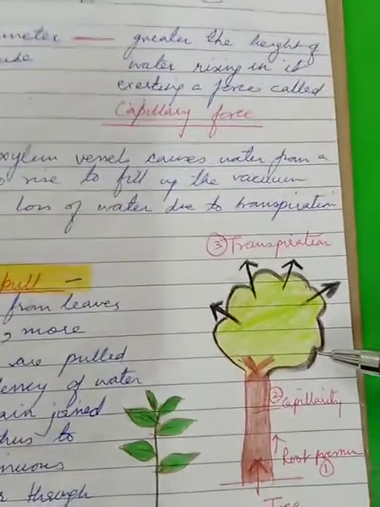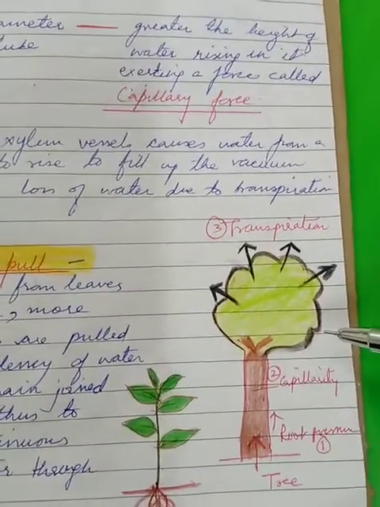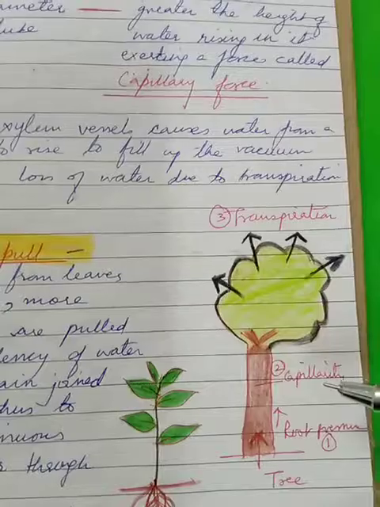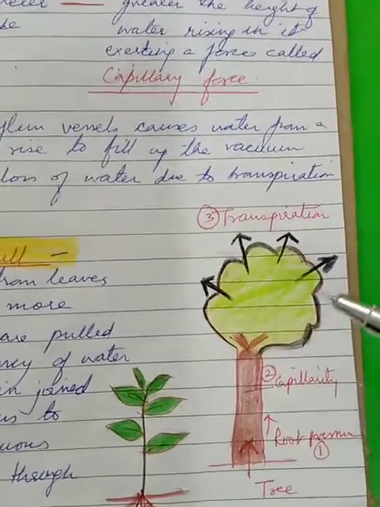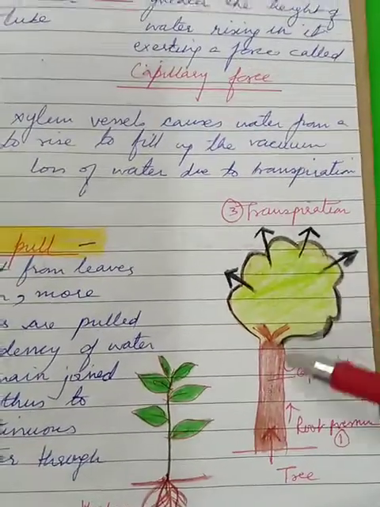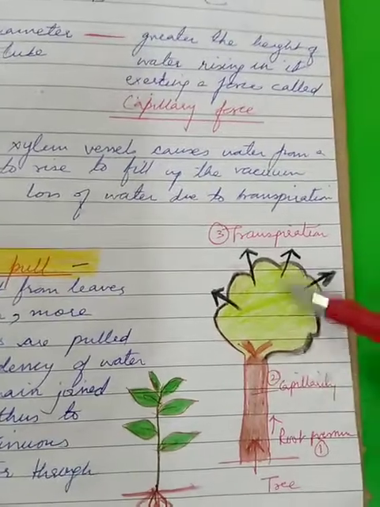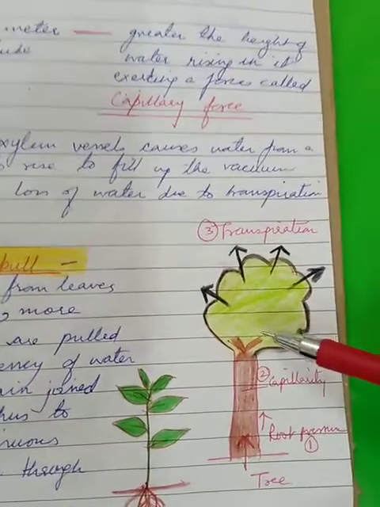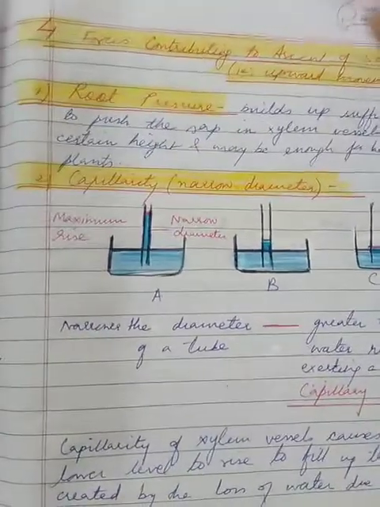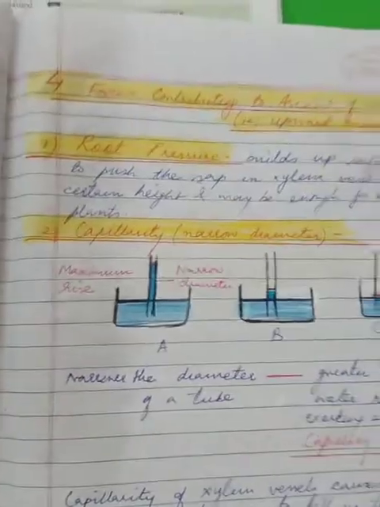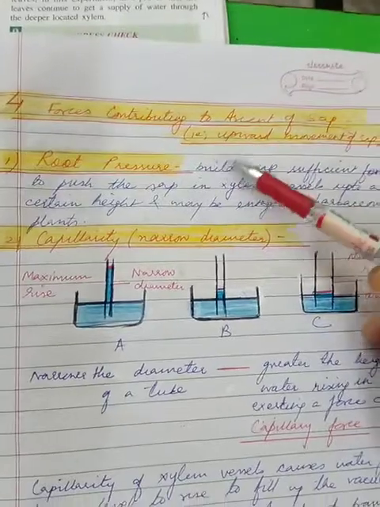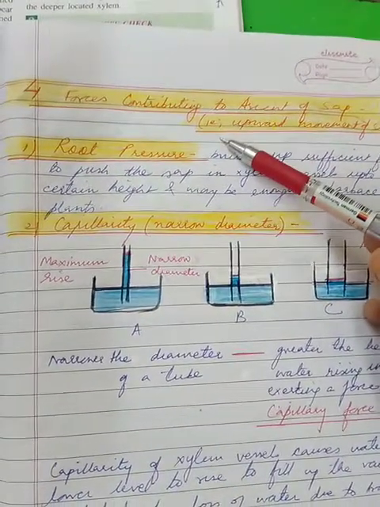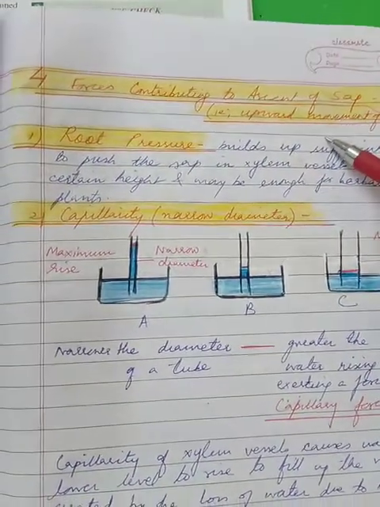But imagine trees which do not have any inbuilt device. How is it possible? There must be some reason and force that brings this rise without any other mechanism or equipment. So this is your topic. We have 4 reasons to discuss this, that is 4 factors which are the main pillars of contribution to ascent of sap or movement upwards.